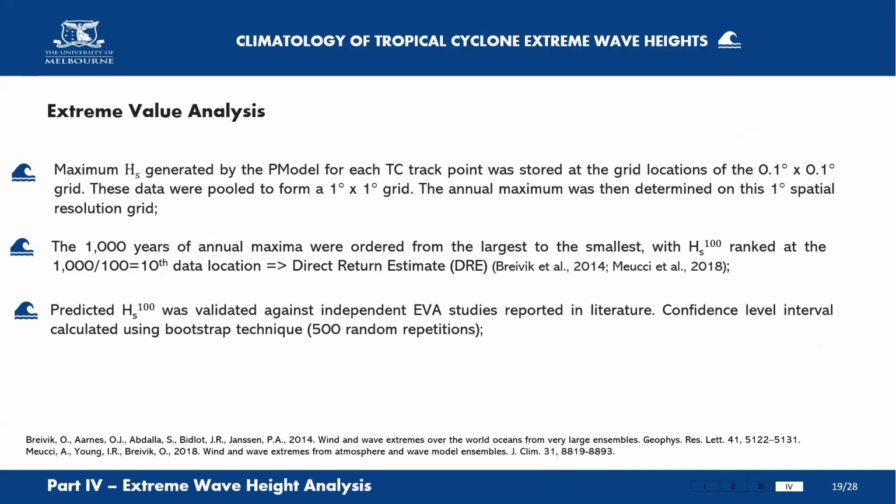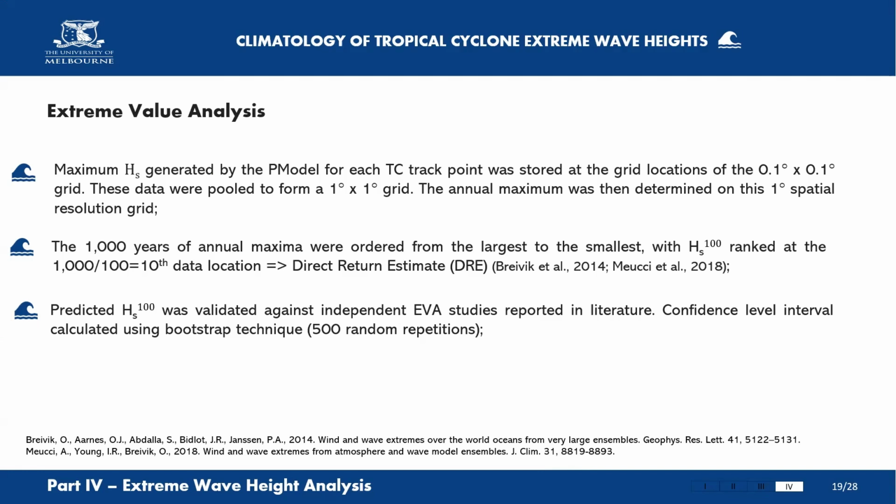For the extreme value analysis, the maximum HAS generated by the model for each tropical cyclone track point was stored at the grid locations of the 0.1 by 0.1 degree grid.